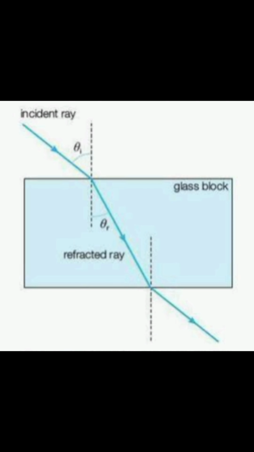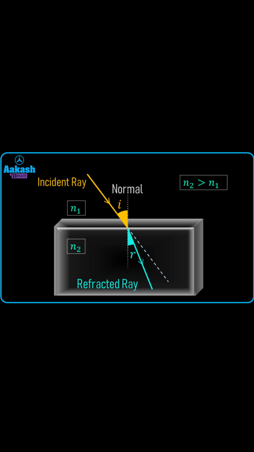Now look at the ray diagram and I'll tell you how it works. This is the refraction terminology with the diagram explanation. The key terms we'll be using are incident ray, point of incidence, normal, angle of incidence, refracted ray, and angle of refraction. We'll see them one by one.